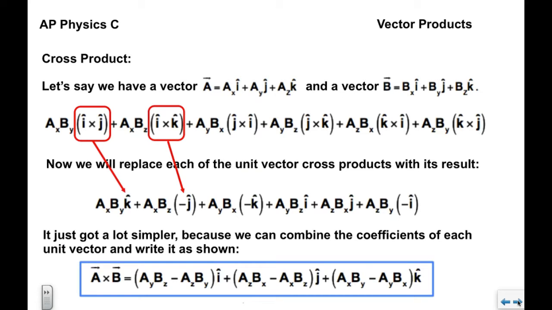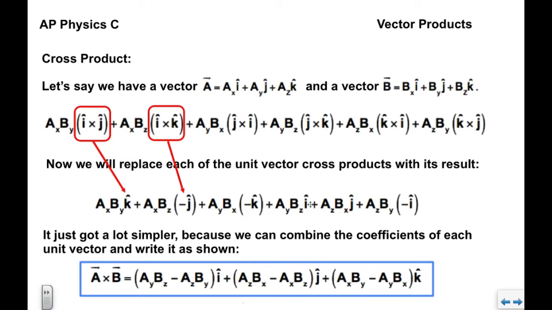Now it just got a lot simpler because we can take the negative sign and move it out front. It's just multiplying by negative 1. We can move it out front and then combine the coefficients of each unit vector and write it as shown.